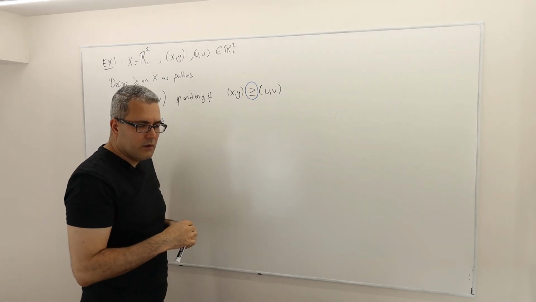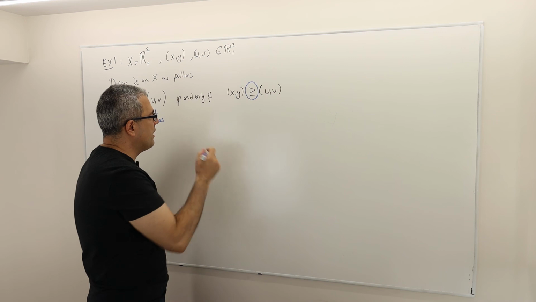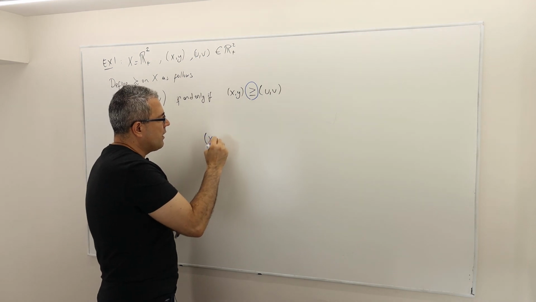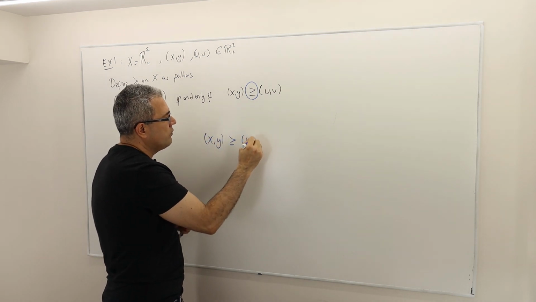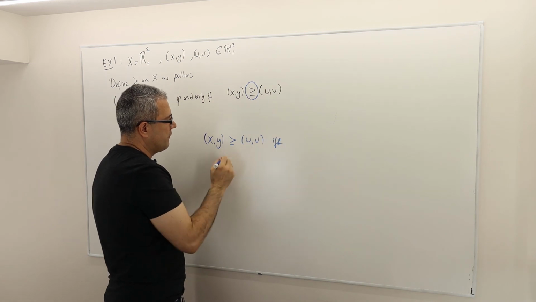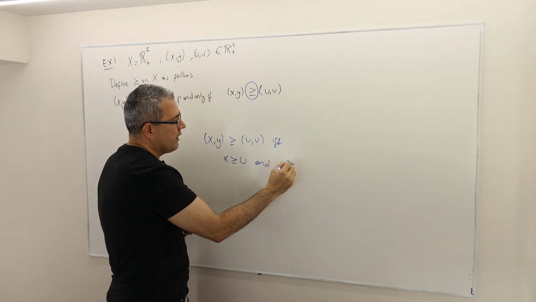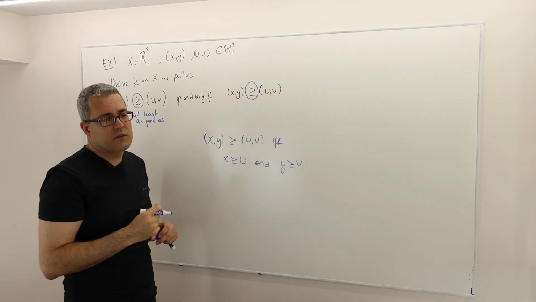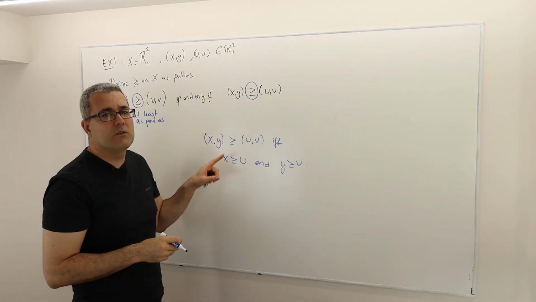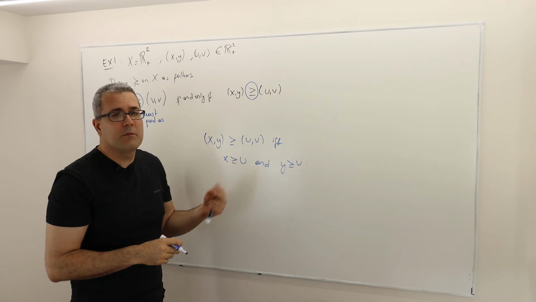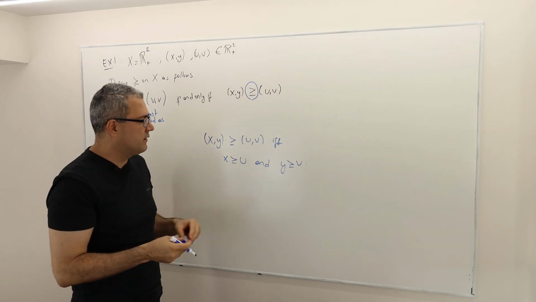Here is how I can define it. (x, y) is greater than or equal to (u, v) if and only if x is greater than or equal to u and y is greater than or equal to v. This is how we define the greater than or equal to sign for vectors of reals, as simple as this.